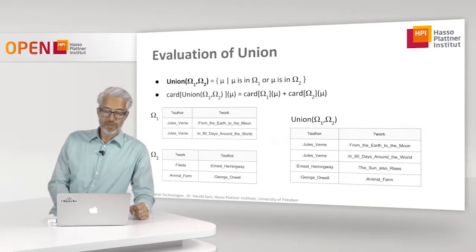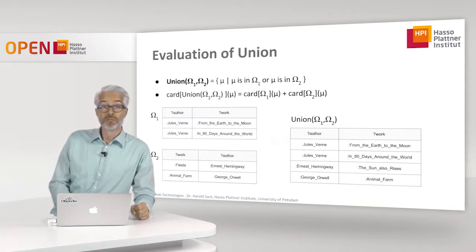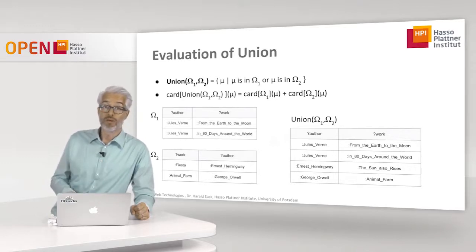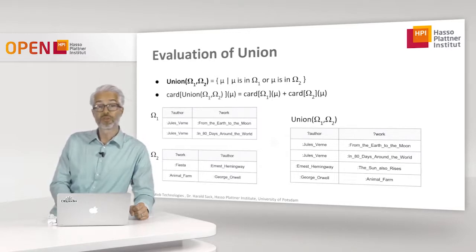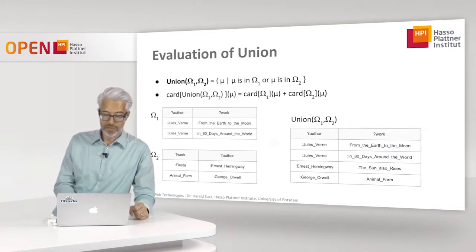The union of both results in a mapping mu, where mu is in omega 1 or mu is in omega 2. And it's quite easy: the cardinality in the end is the cardinality of a mapping in omega 1 plus the cardinality of this mapping if it also occurs in omega 2. So it's quite simple to see.